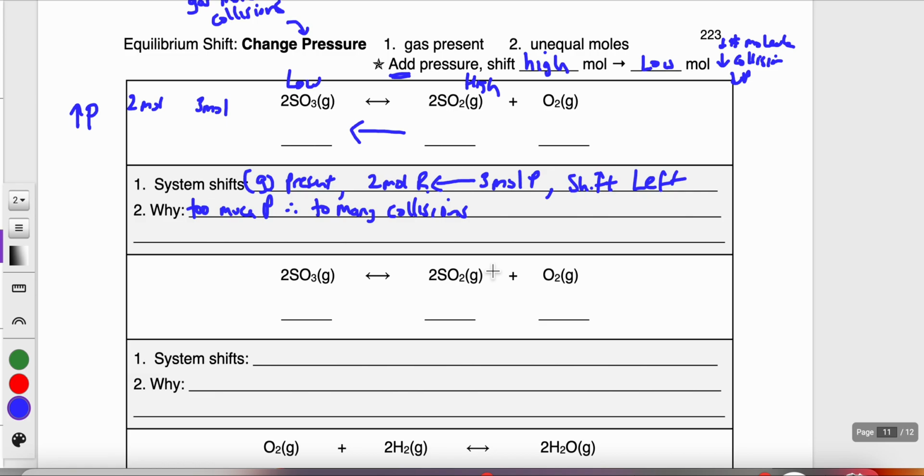The way that the system deals with this is to reduce the number of molecules. So the system wants to decrease the number of molecules, because if you decrease the number of molecules, you get less collisions. So in this scenario, the reverse reaction is favored.